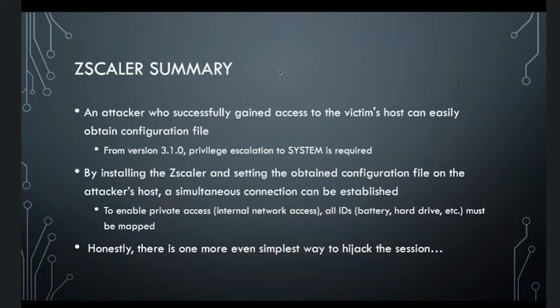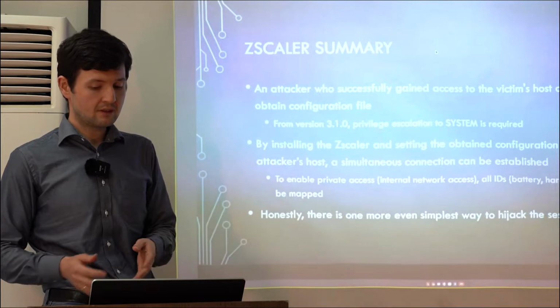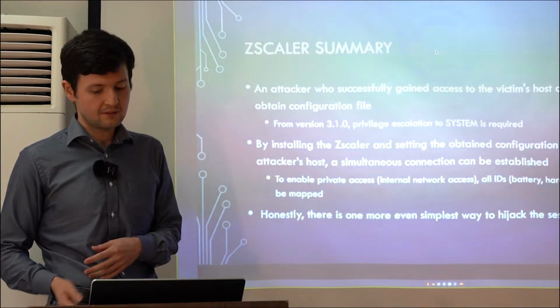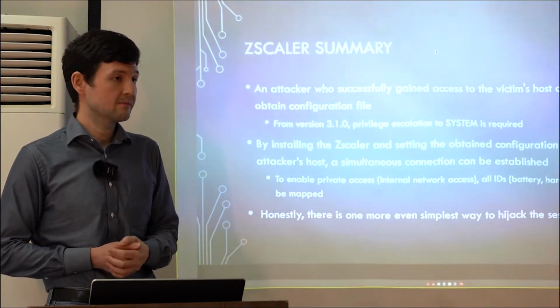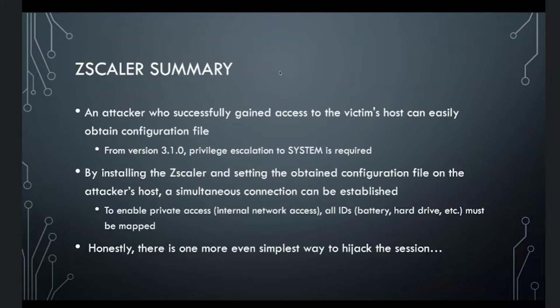Then we can take this config, put it on the attacker's PC, encrypt it, and use it as a simultaneous session in ZScaler. That was before 3.1.0. After that, you just need to escalate privileges to system and recreate this attack from zero.